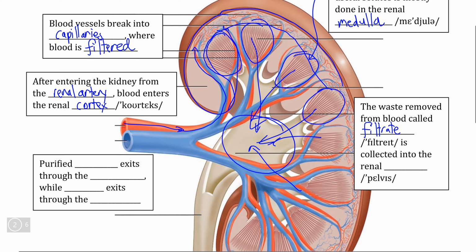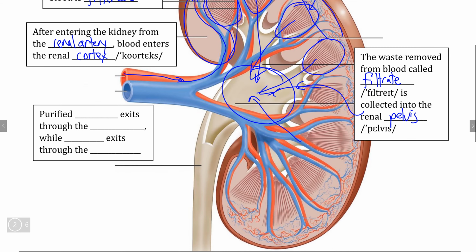Again, this is all of the extra salt and water and all of the toxins that you don't want to remain inside of the body. And this area is what we call the renal pelvis, and we can see that the renal pelvis drains downward here. So here, all of the waste that we want to get rid of exits through the ureter.